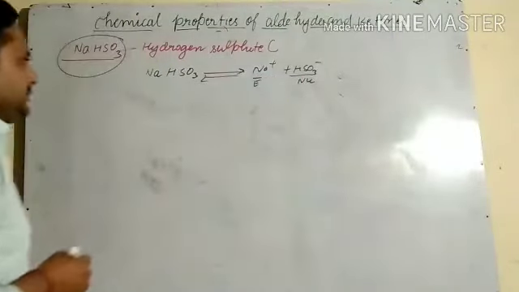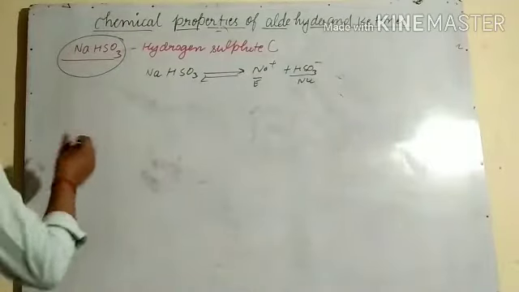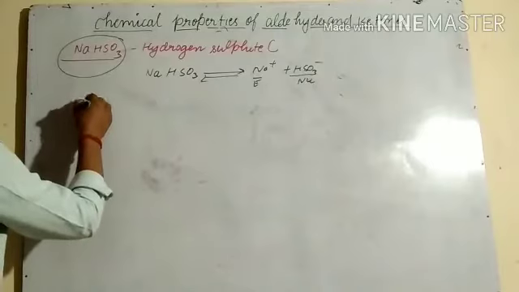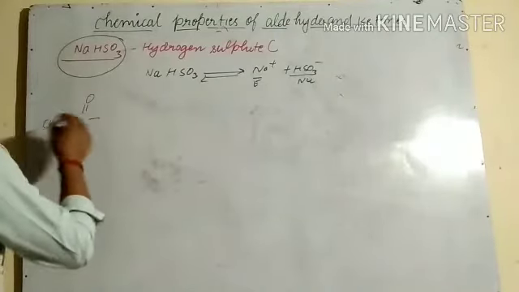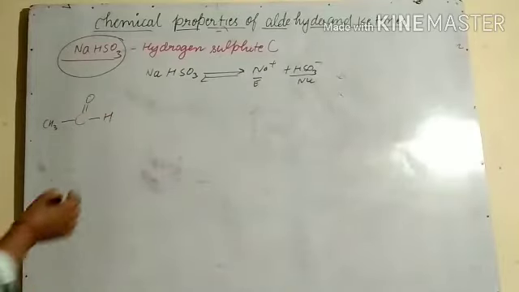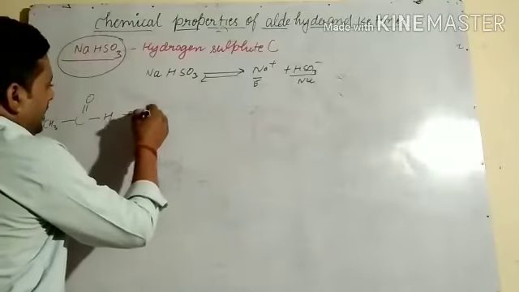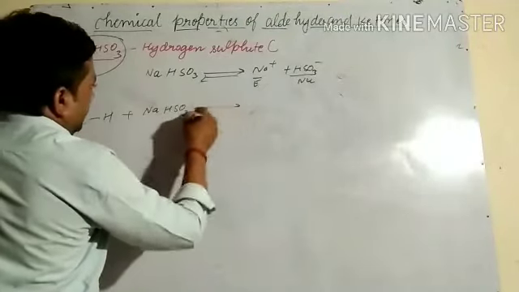So let us take an aldehyde here. We can take aldehyde or ketone both, but some points we will discuss. Here I will add NaHSO3.